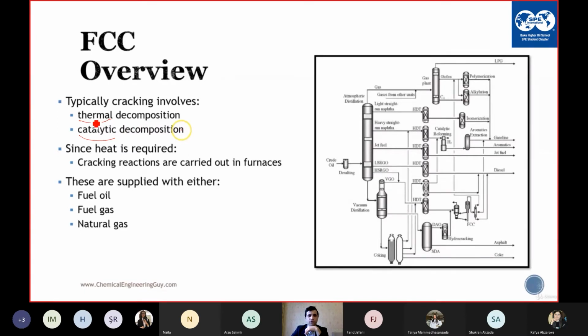Why don't we want to use the thermal, but we want to use the catalytic decomposition? Maybe thermal decomposition will damage the composition.